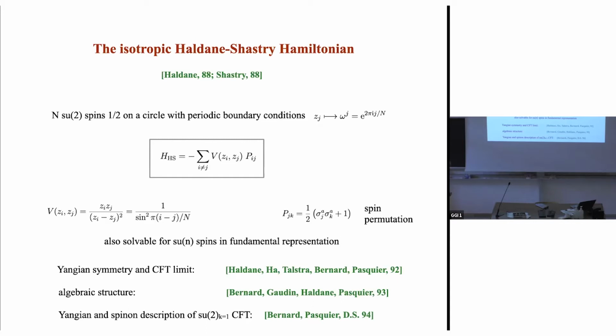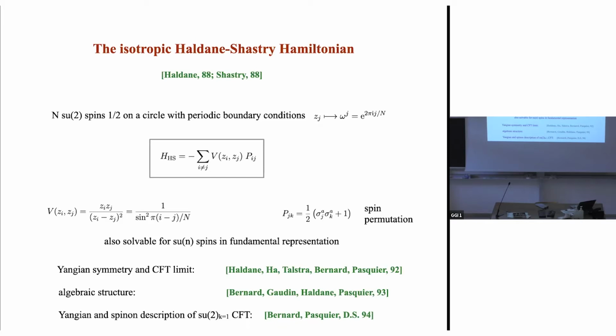There, the physics is described by a CFT. So in this paper in '92, the Yangian symmetry and the CFT limit were conjectured by this group of people, Haldane and Bernard and collaborators, and people from Saclay.